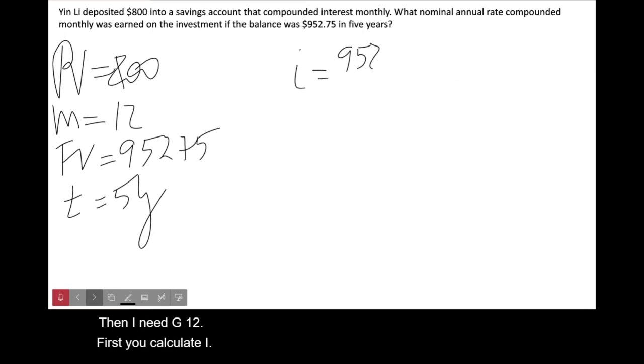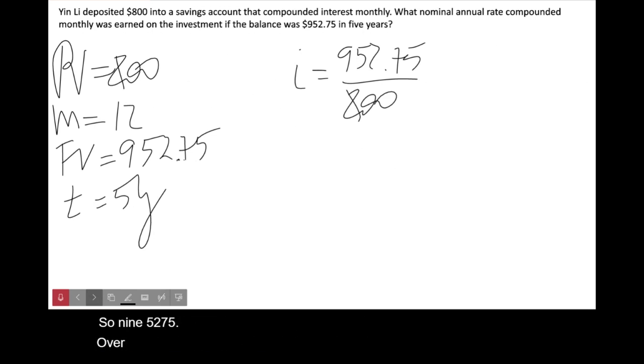So first we calculate i. So 952.75, that should be a point here, over 800. Now n is 60, 60 minus 1.